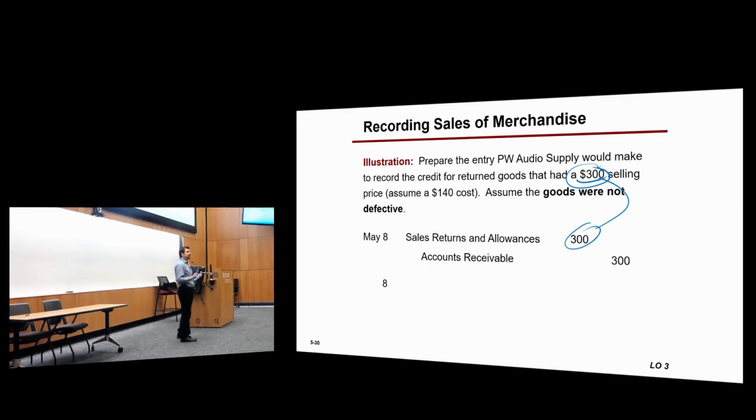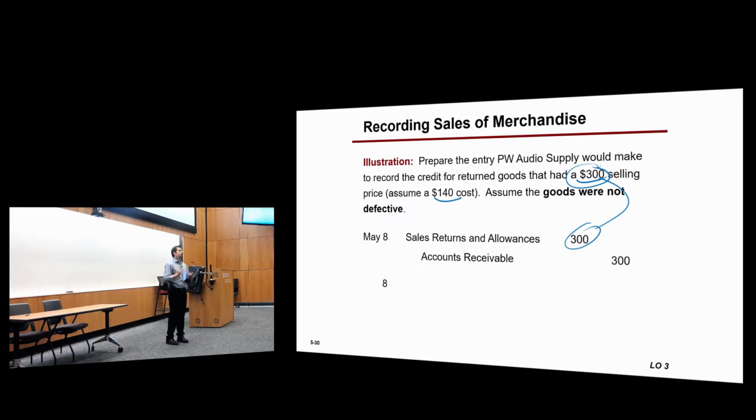The other part is expense and inventory. What happens to the inventory? Yes. It has increased. Why? They received those products back. It has increased by how much? 140. This is the cost. Remember, inventory is at cost. Don't get mixed up. When you talk about inventory and cost of goods sold, this is cost.